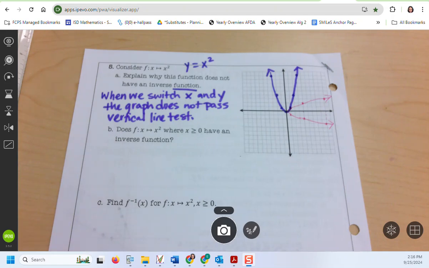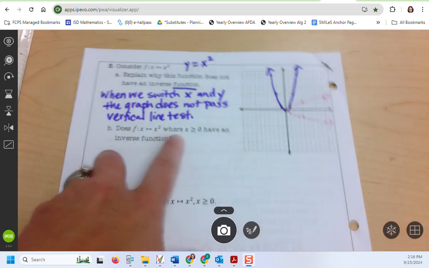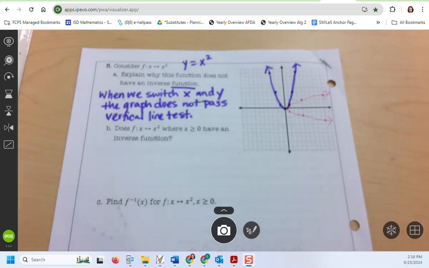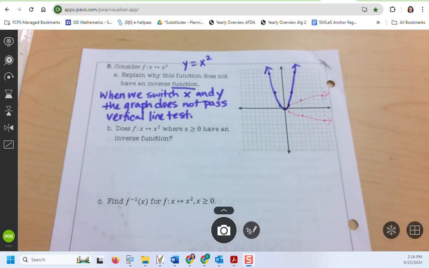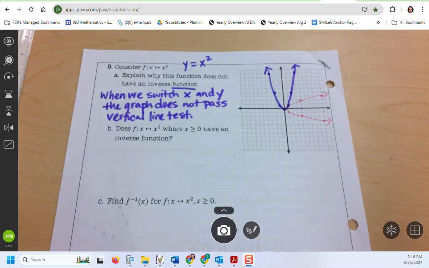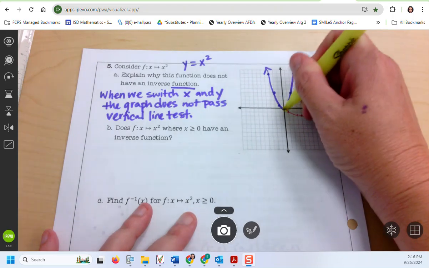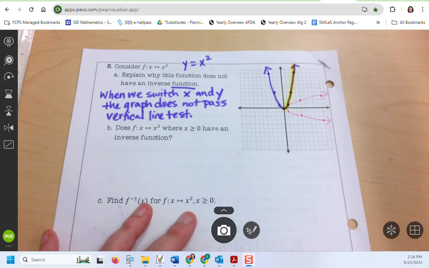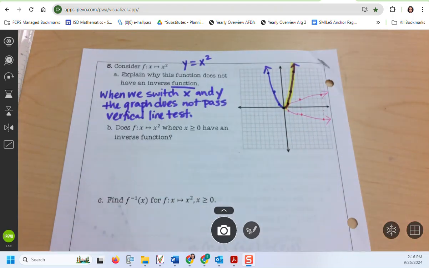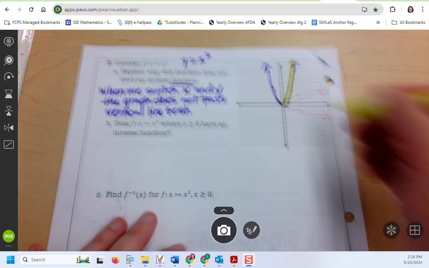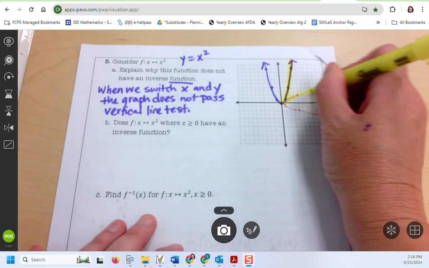But then it says, well, if y equals x squared, but we're only talking about this part where x is greater than or equal to 0. We're only talking about this part of the function. Does that part have an inverse? Yeah, let's look at it. It would be this part right here. You see that?